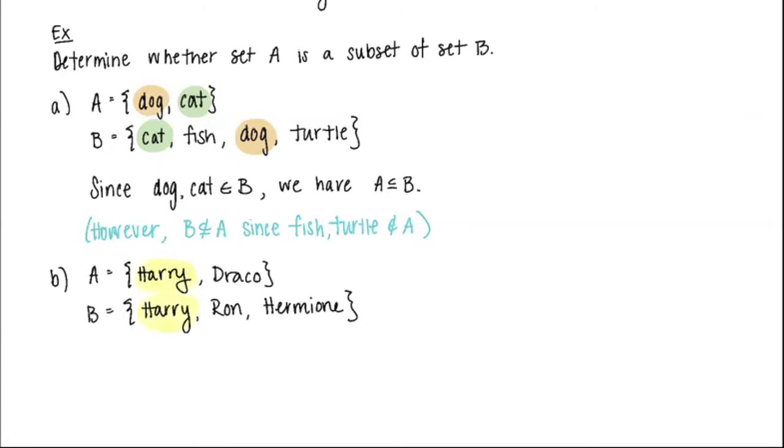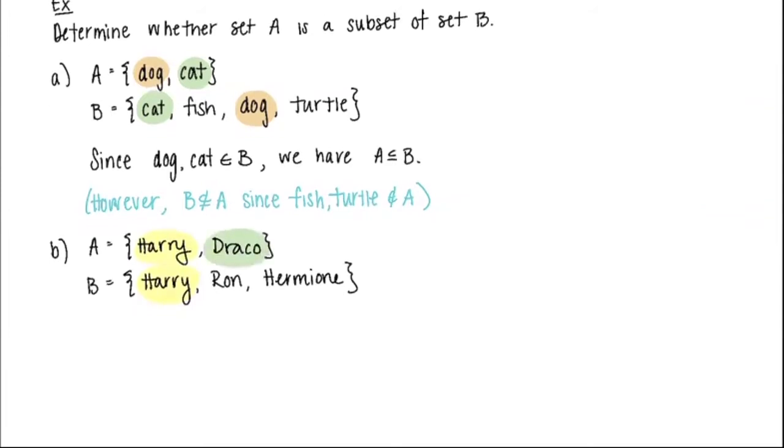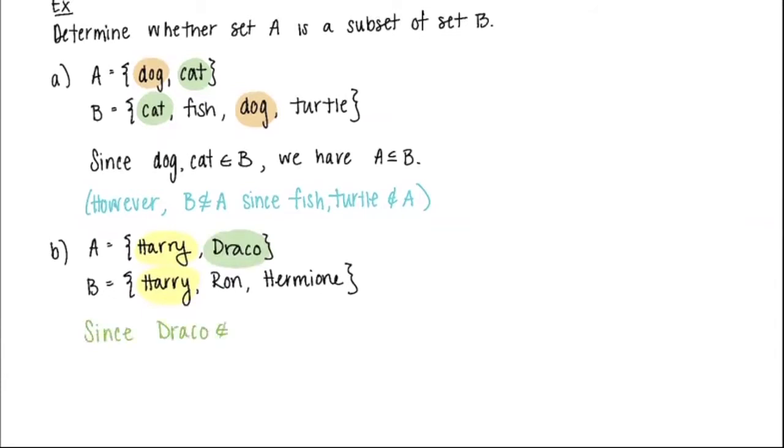Harry is in set B, but our problem runs here with good old Draco. So ultimately, since Draco is not in set B, we have A is not a subset of B. So that is our problem. Not everything in A is in B. Right?